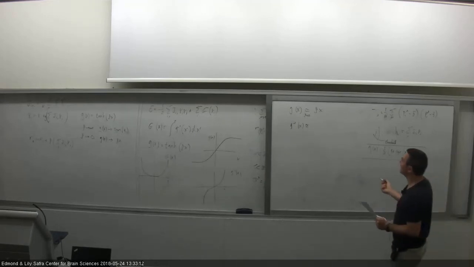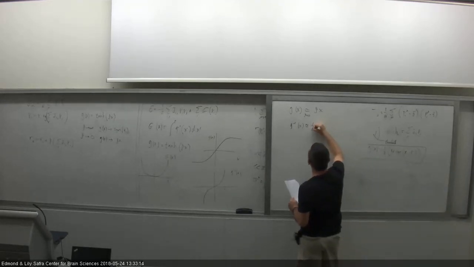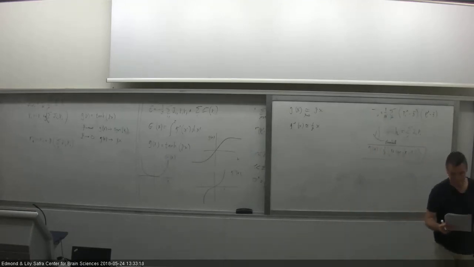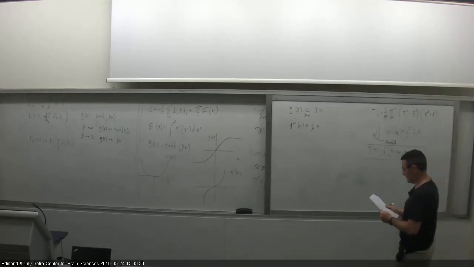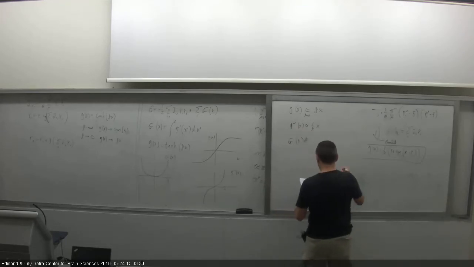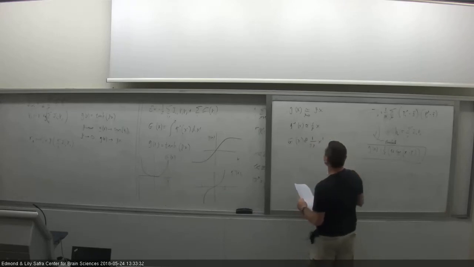One over beta times x. It's the inverse function. And then capital G of x is 1 over 2 beta x squared.